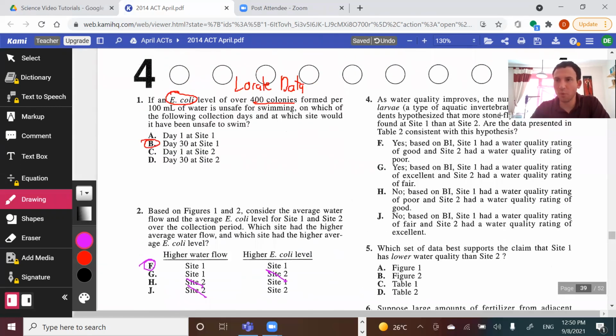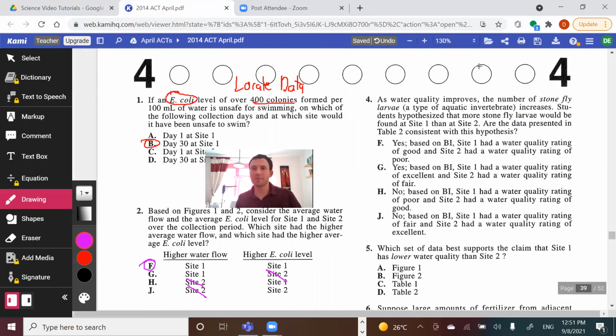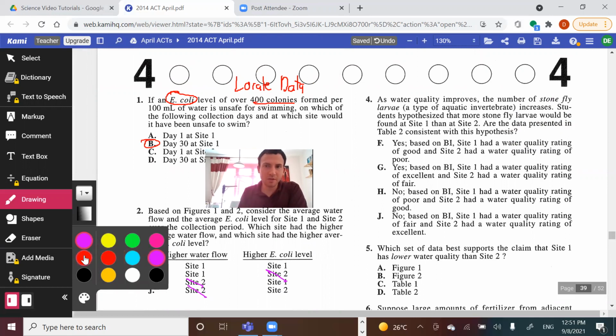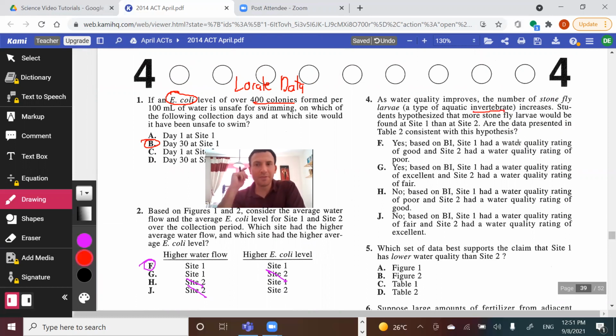Okay. 4. As water quality improves, the number of stonefly larvae, a type of aquatic invertebrate, increases. So better water quality means more of this particular animal. Students hypothesized that more stonefly larvae would be found at site 1 than at site 2.